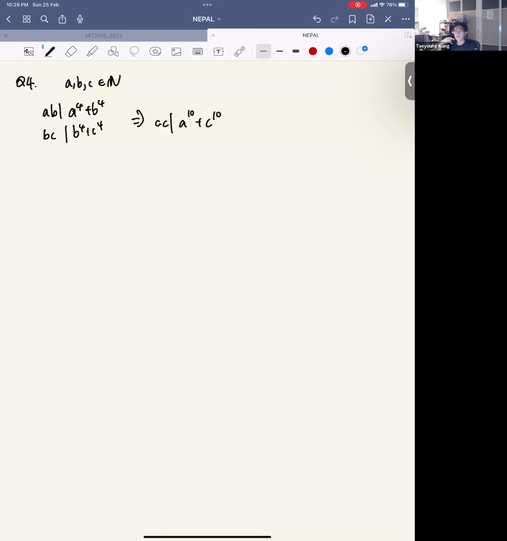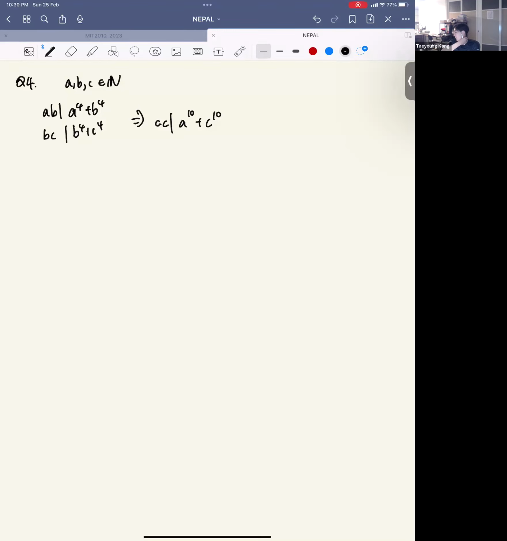Actually, it's something much easier than that, and it's by considering the greatest common divisor of A, B, C. Or I think I saw the chat just now, the highest common factor, HCF, I guess. But I also call it GCD.